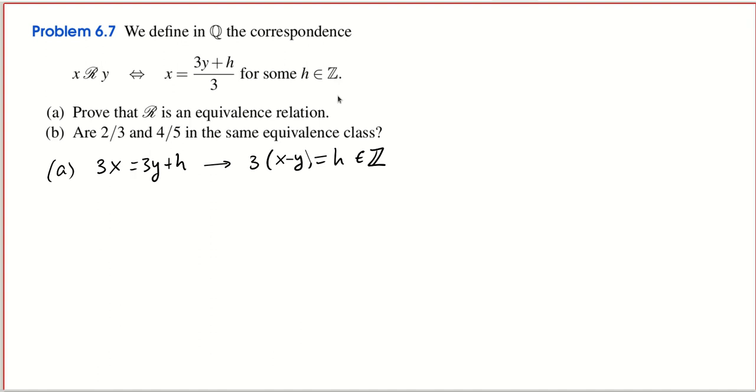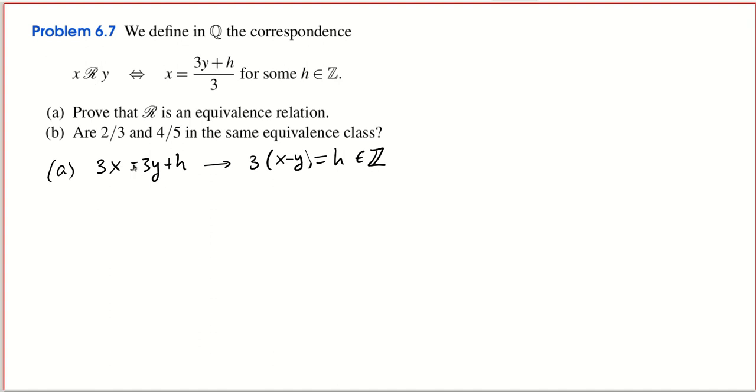So this is a better way of checking if two numbers are related. It's just subtract one from the other and then multiply by 3 and check that the result is an integer. If that happens, then x is related to y.